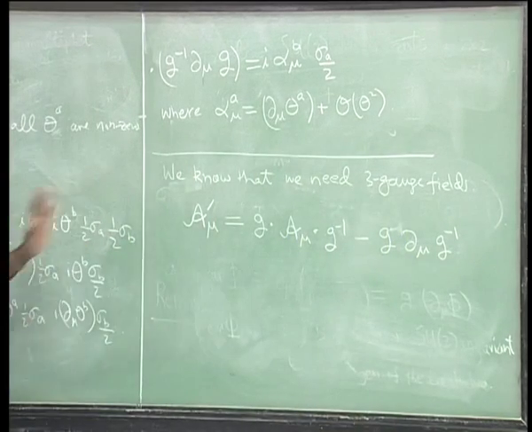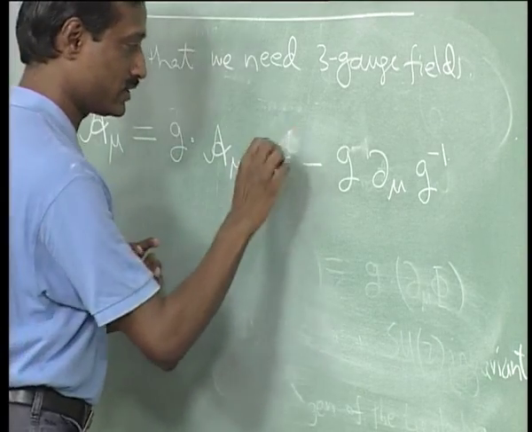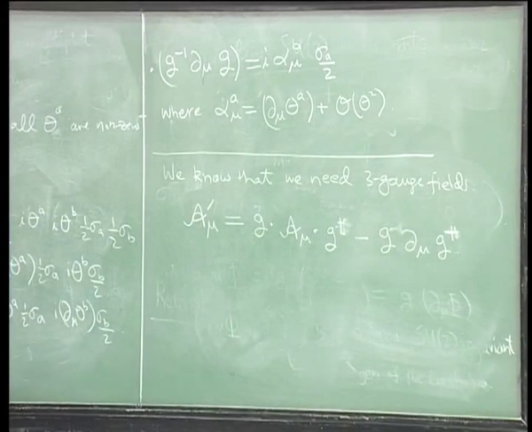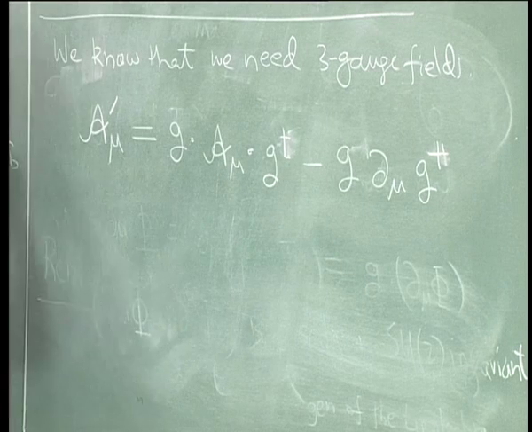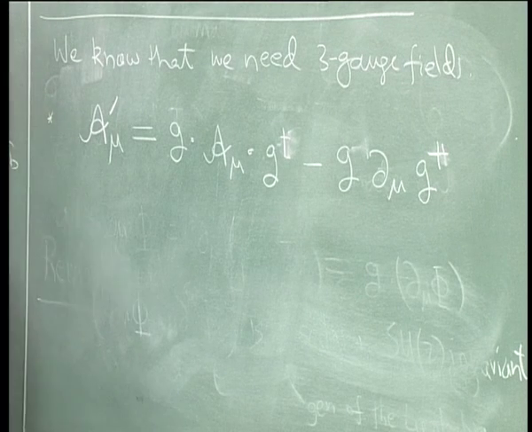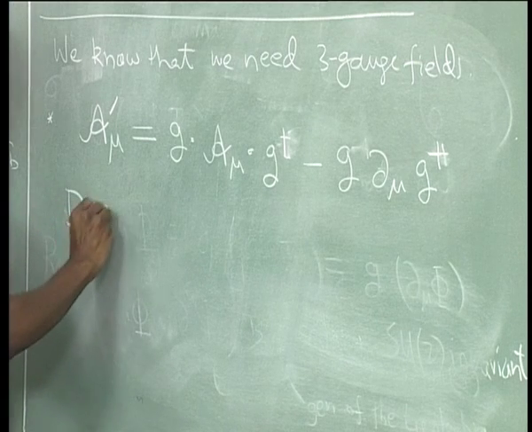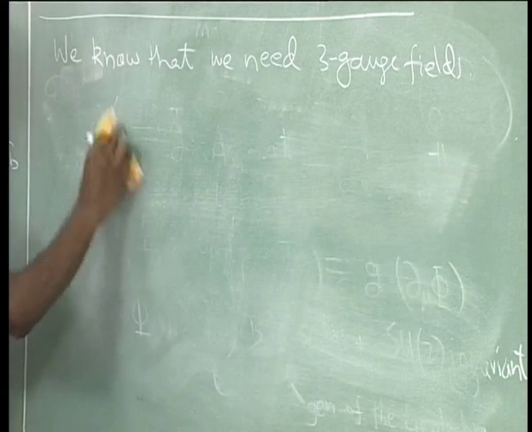There might be factors of I, and I may also have to invert these things. So instead of writing inverse, I should write dagger, because we are assuming that these are unitary. Suppose we have something like, we write a transformation, and we define d mu of phi. Actually, let me not, let us work it out. I think that is the best way.